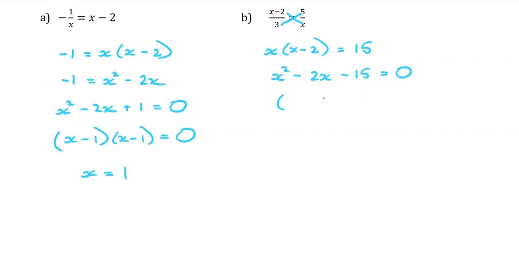Then looking to factorise, what times to give -15 and adds to give -2? That would be a -5 and a +3. Using null factor, we would get x equals 5 or x equals -3.